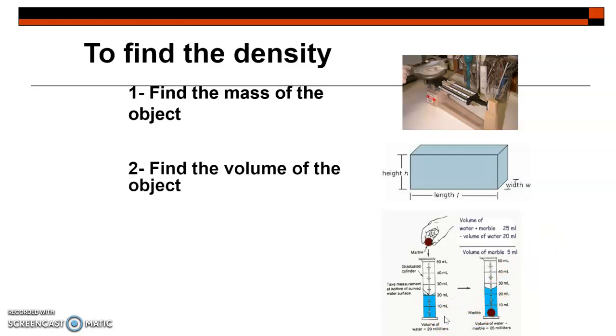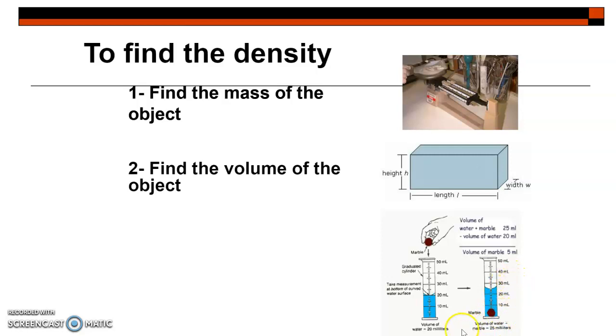To find the volume of an object using a graduated cylinder, you measure the volume before you place the object in, right? So here it would be 20 milliliters. Then you would measure the volume after you add the object. So here it goes from 20 milliliters to 25 mils. And then to find the volume, you just subtract.